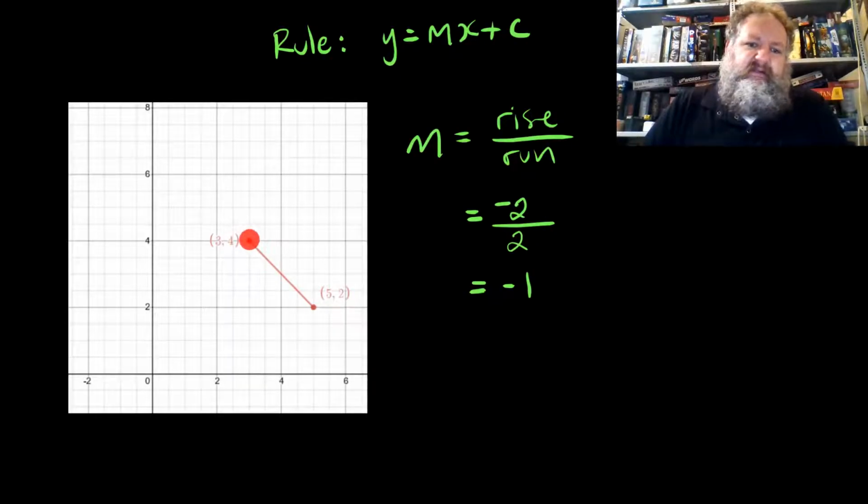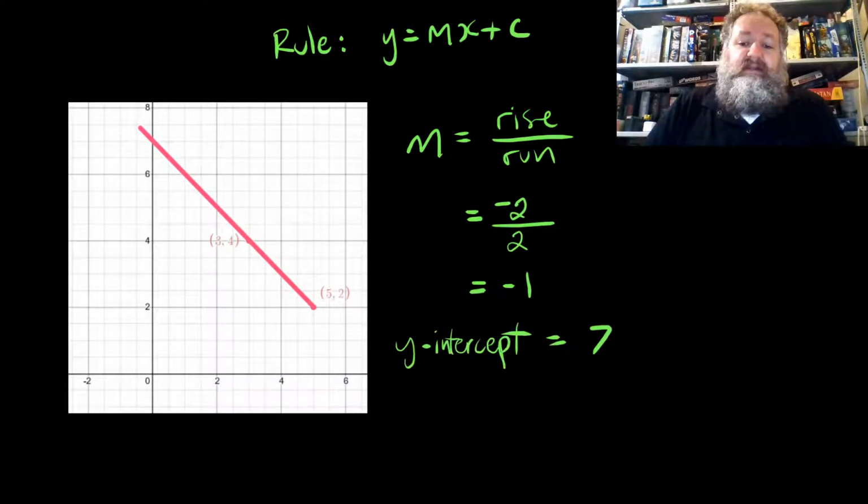My line here doesn't go that far, so I actually need to extend my line. I will extend it, and it crosses the y-axis at 7. That means my y-intercept is positive 7.